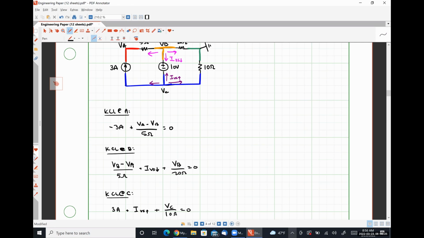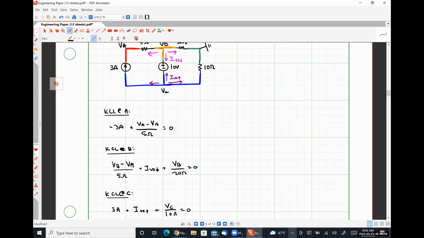So if we look at our KCL at node B equation and our KCL at node C equation, we can see that it contains that current that's flowing through that voltage source in both directions. So what I'm going to suggest is we add those two equations together so that those currents cancel each other out, right? Because IVS flowing up will exactly cancel out IVS flowing down.